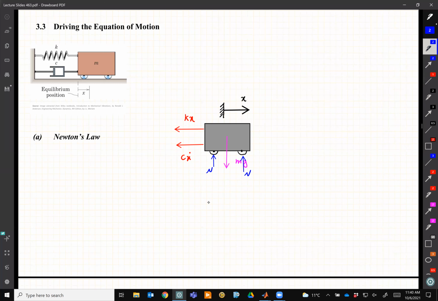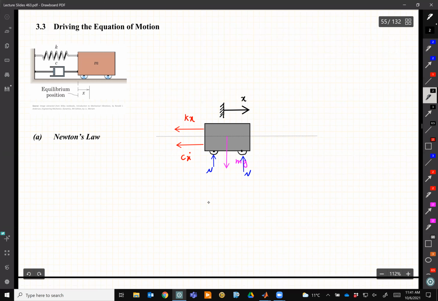So it is okay in your exam or in your assignment or wherever you do, like solving the problem, just show the forces in x direction. You don't need to draw mg. In this problem we would need to draw mg, right? Because there is no pre-tension or pre-compression in a spring. We need to draw it, but the reason that we don't is because we know that we don't care about that direction. We only care about this x direction.